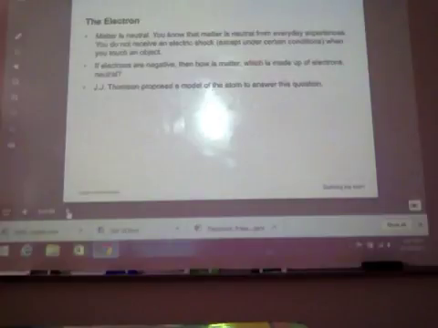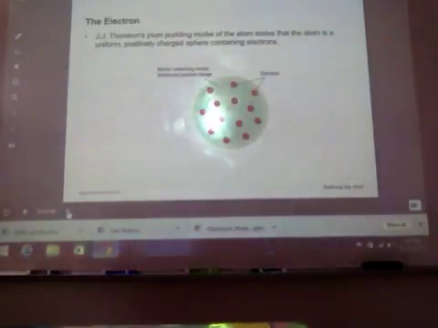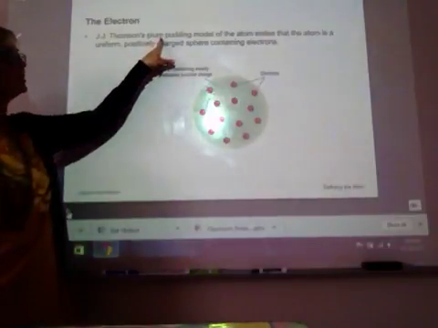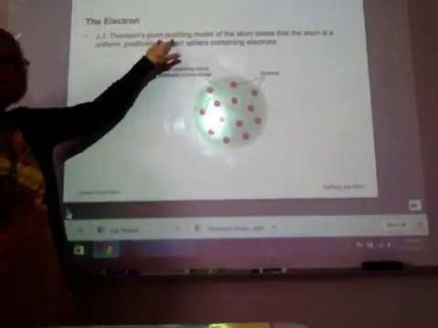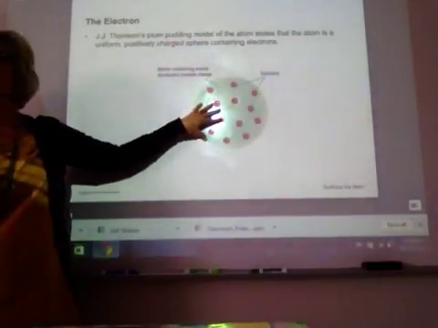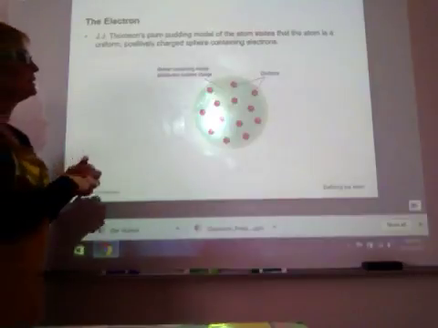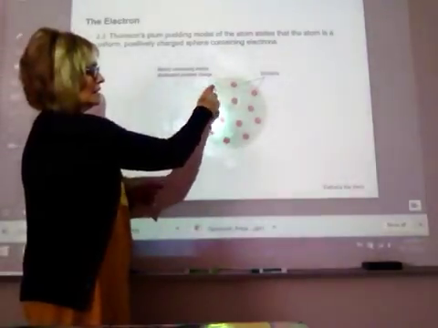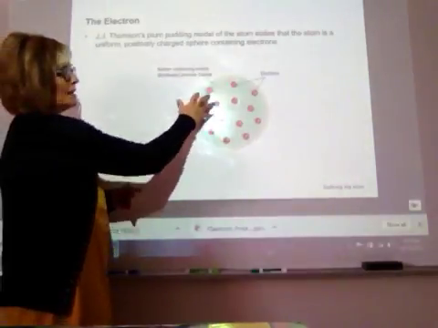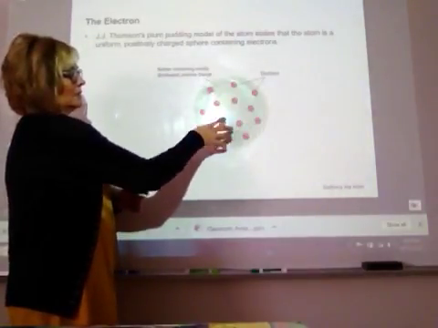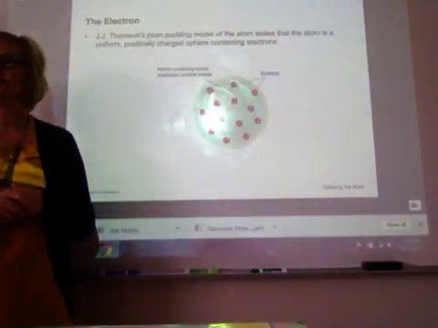The model that J.J. Thomson uses is called the plum pudding model. If you do not eat plum pudding, you might call it the chocolate chip cookie model. Basically, he thought that electrons were negative and spread throughout matter, surrounded by something that had a positive charge.